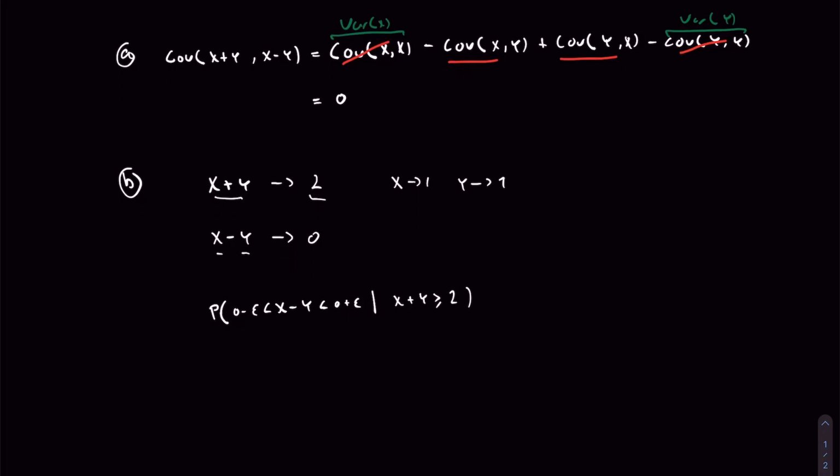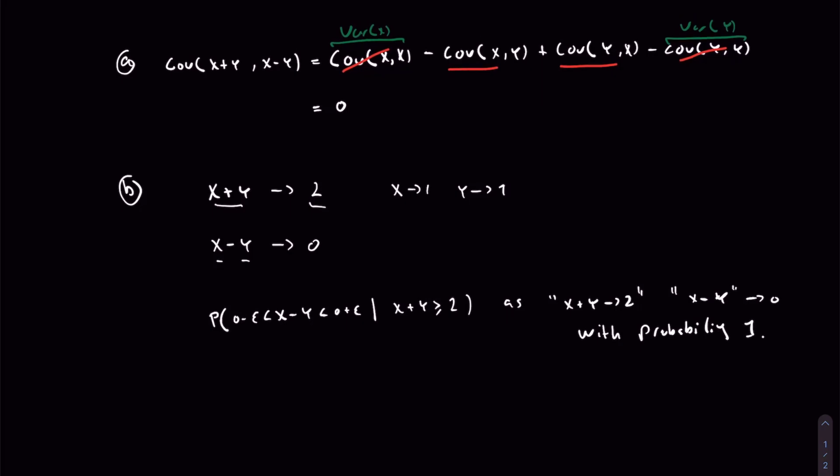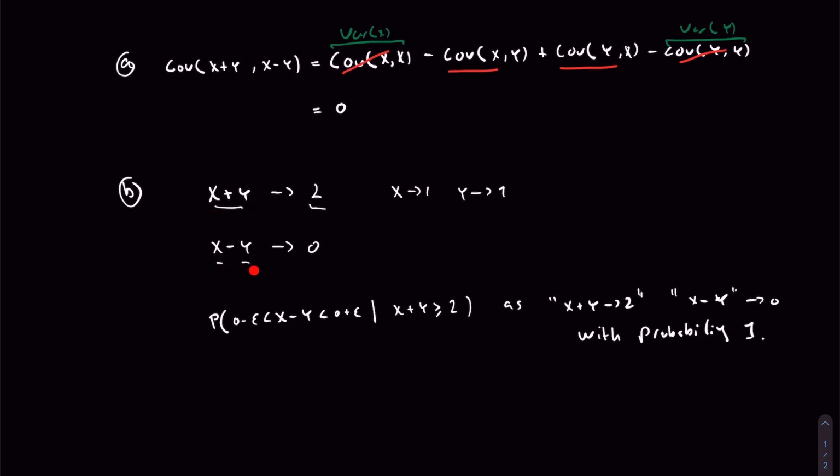Well, basically we are constraining it to 2 here. This means that as X plus Y goes to 2, then with very high certainty we know that X minus Y goes to 0 with probability 1. Like so. And hence we've shown that these two random variables have to be dependent.